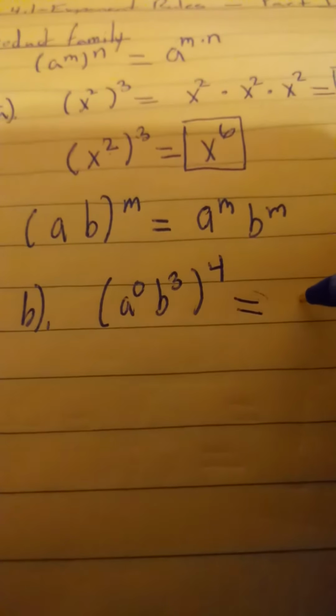And let me go ahead and write it here. b to the 12, we keep it the same. So 1 times b to the 12 is simply b to the 12. And that would be your answer right there.